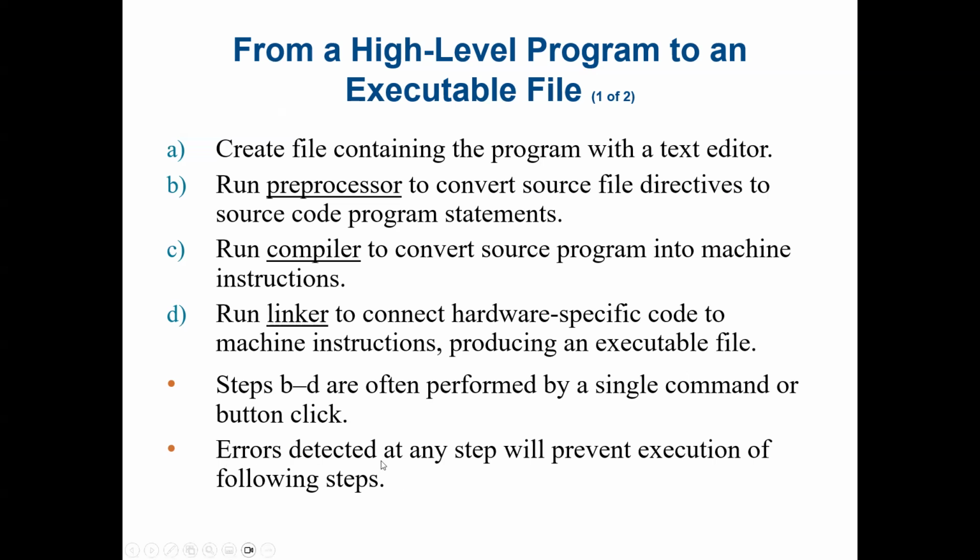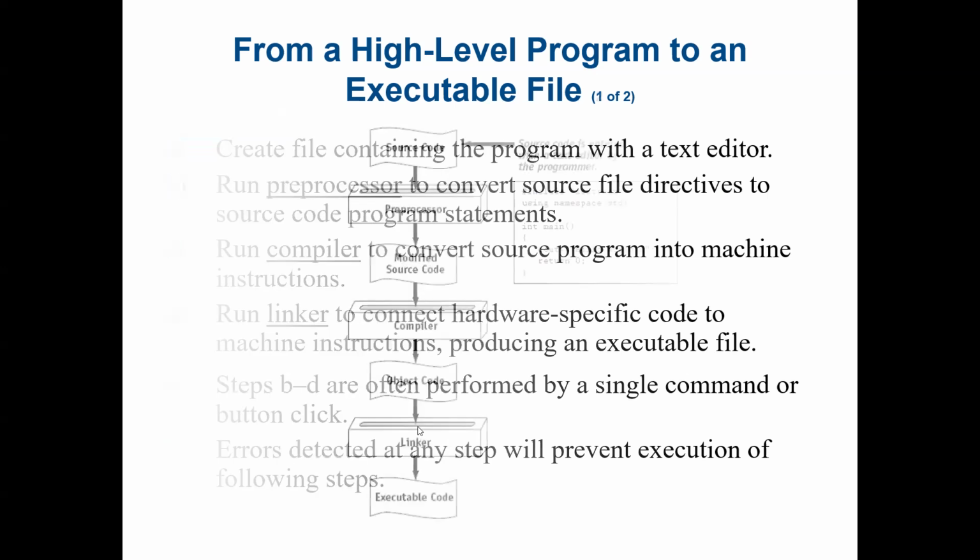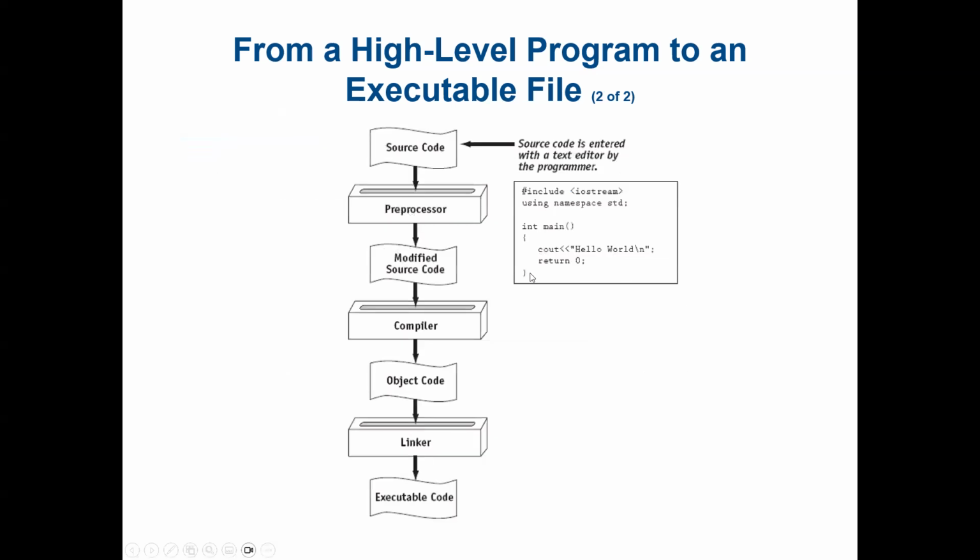Errors detected at any step will prevent execution of the following steps, and we shall talk about different types of errors. For example, we have the syntax error, which is a grammatical error. In C++, we have to end the statement with a semicolon. Now, if we forget the semicolon or use a period, then we are going to get a syntax error, which is a grammatical error.